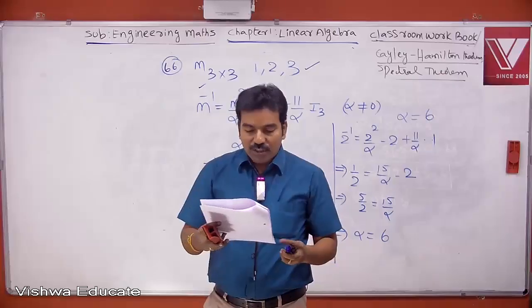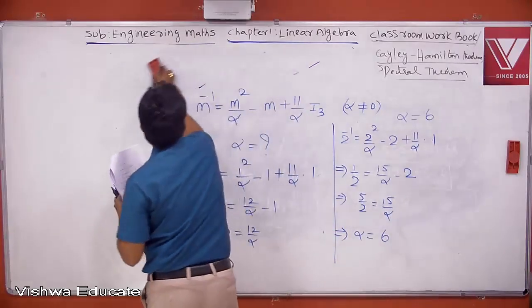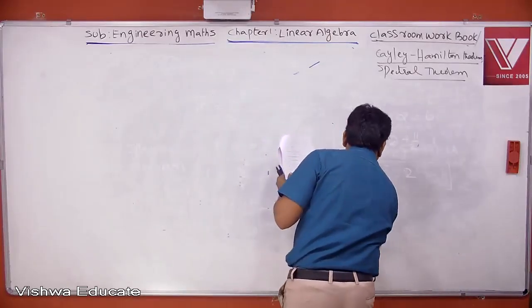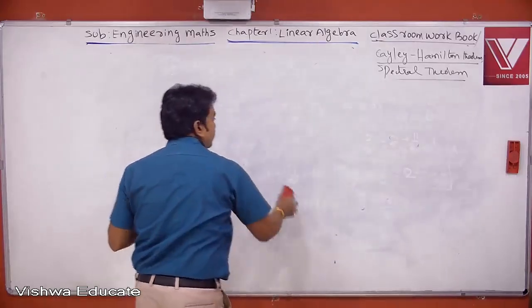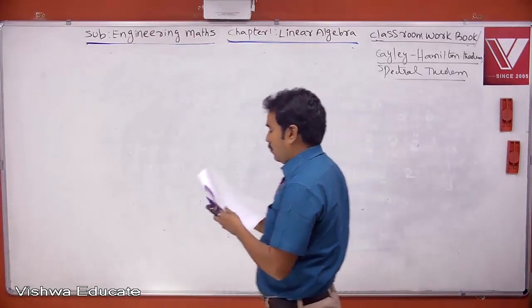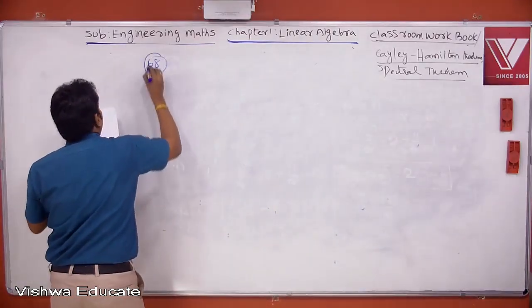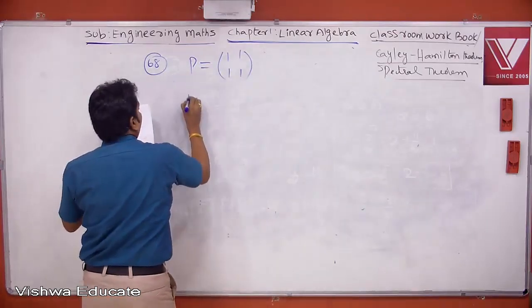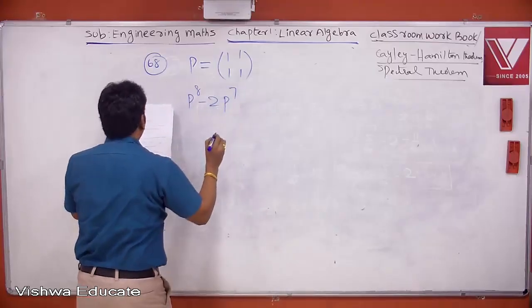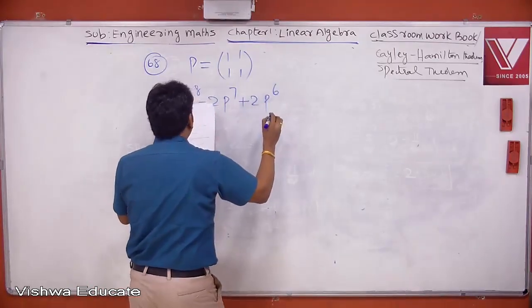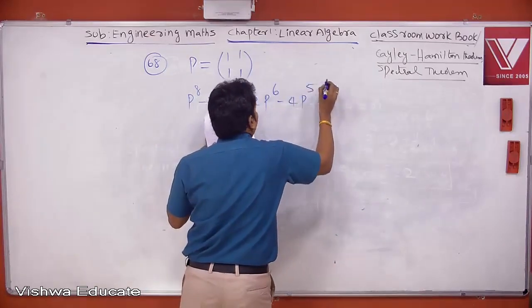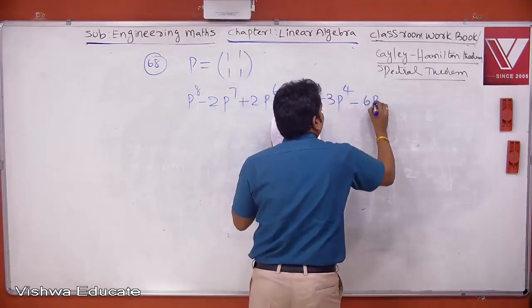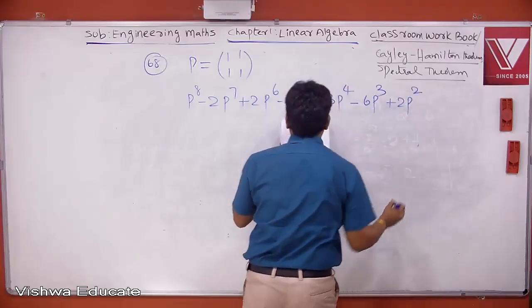Now let us move to question number 68. Suppose P equal to the matrix [1 1; 1 1], then they were asking P power 8 minus 2 into P power 7 plus 2 into P power 6 minus 4 into P power 5 plus 3P power 4 minus 6P cube plus 2P square equal to, and some options are given.